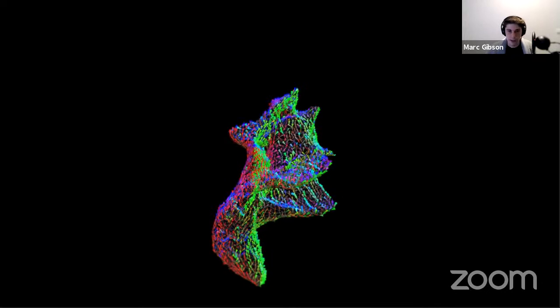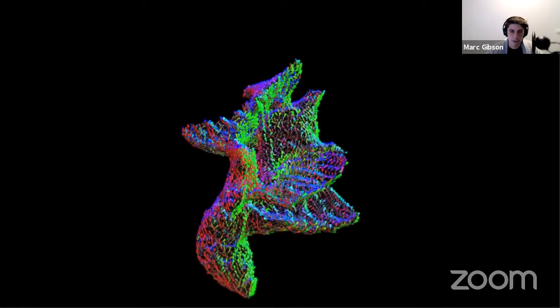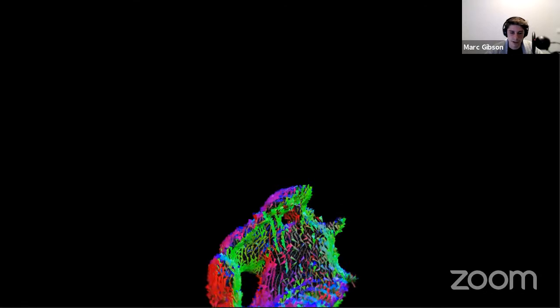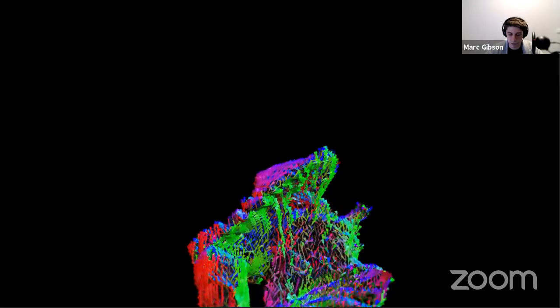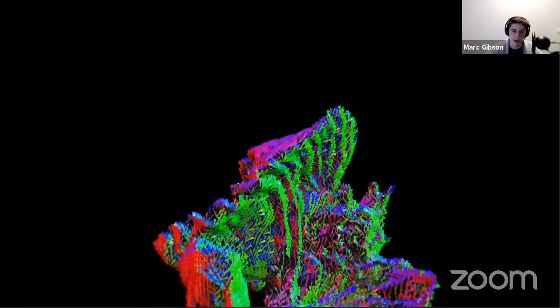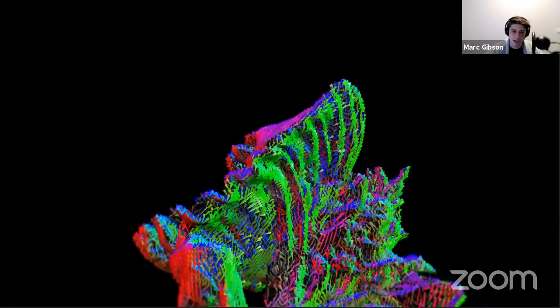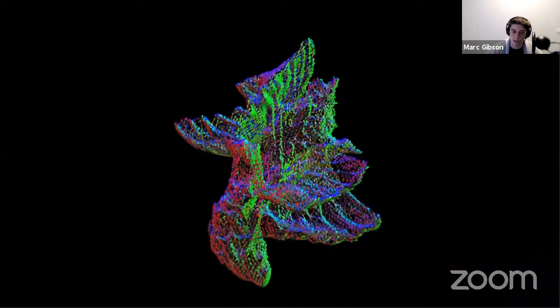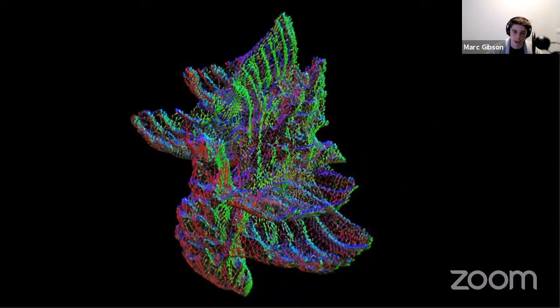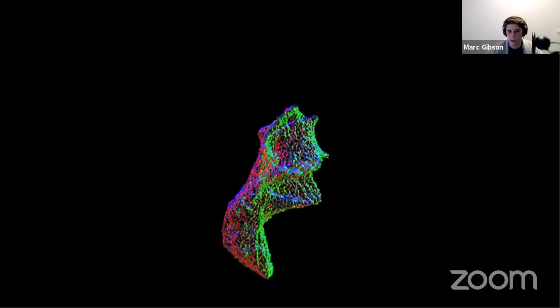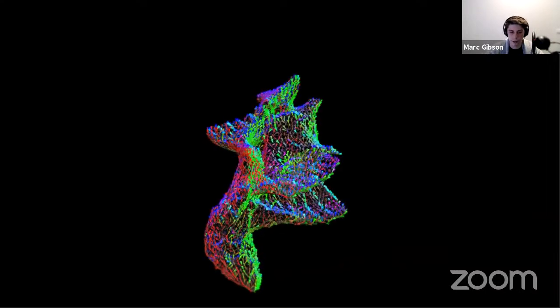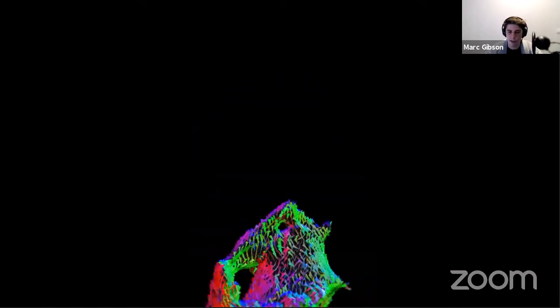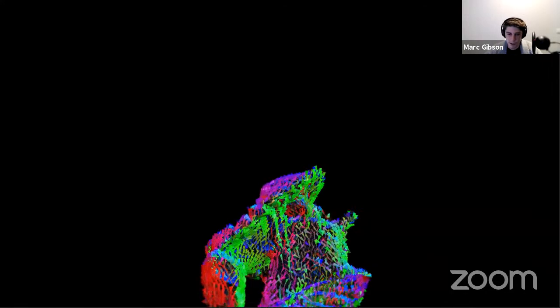What you're seeing on screen here is the mesh growth algorithm. It uses a very straightforward mesh subdivision technique, where as the mesh edges expand past a certain point, once the length of the edge gets too large, it adds an additional vertex, so it subdivides the face. That's how it iteratively grows and adds more detail as it needs to.